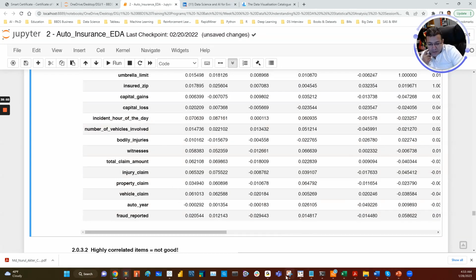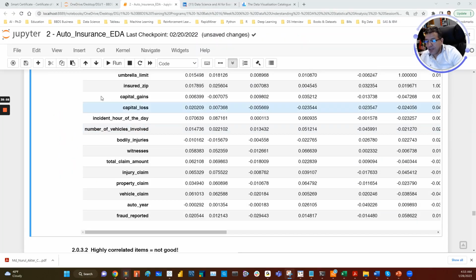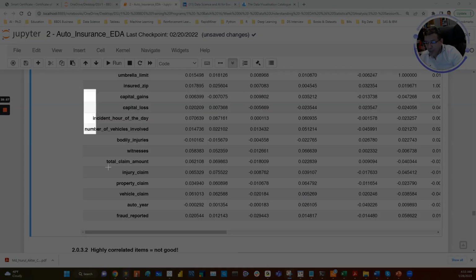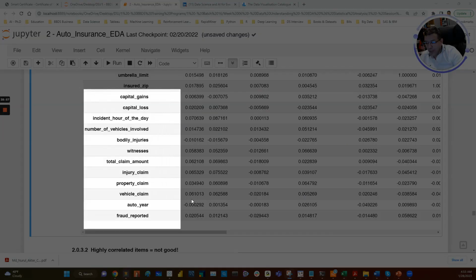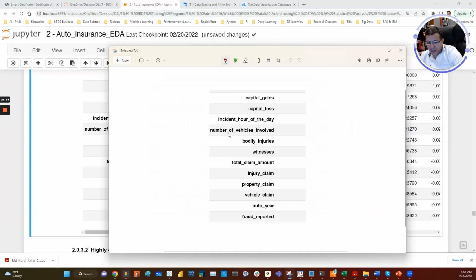On top of the features that we already know should be eliminated because of prior knowledge, we are going to remove our year and incident hour of the day, because the correlation between these two features and the target variable is very, very minimal.